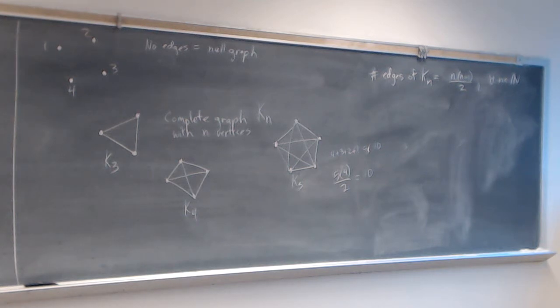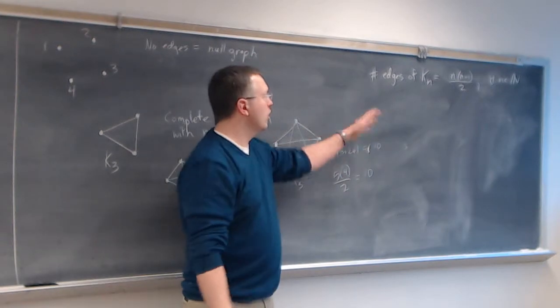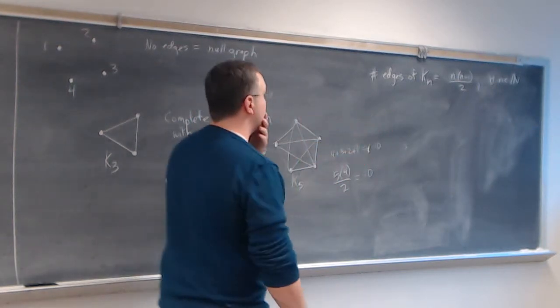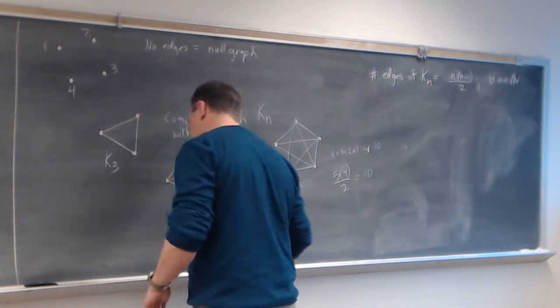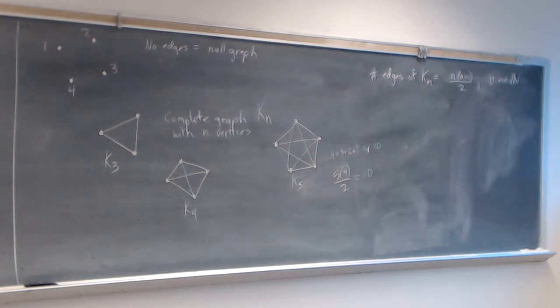Let's do it. So you see how this graph theory would fit into a class like discrete. You have some new definitions, you have some new little theorems, and you prove them using the techniques we learned in this class, like proof by induction. Okay, so let's see. That would be good.